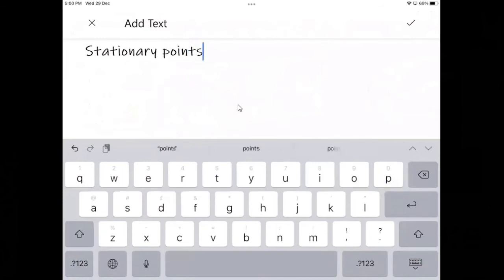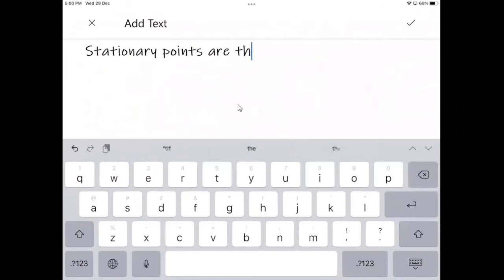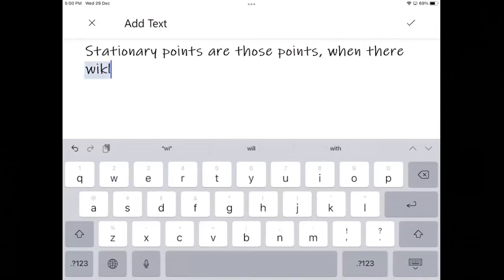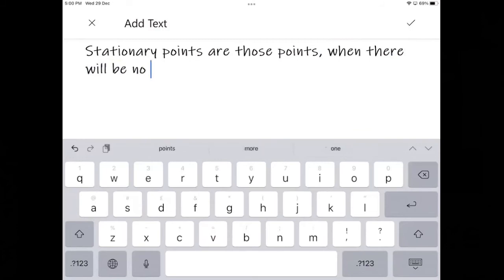Stationary points are those points when there will be no change in neighboring points.